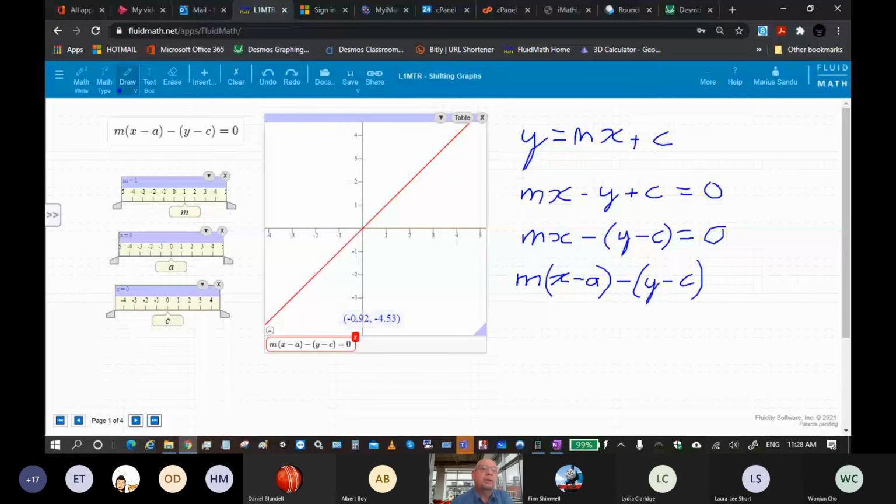So if I were to rearrange this, what will I get? Y equals x, because m is 1, c is 0, and I don't have an a here, okay?